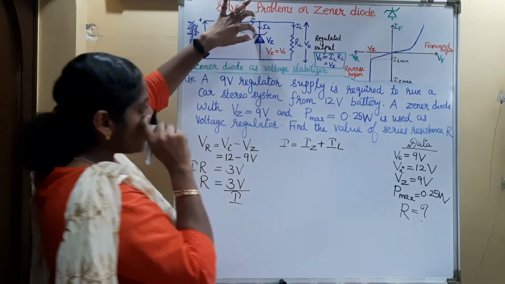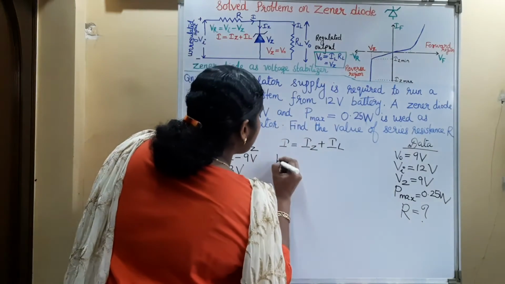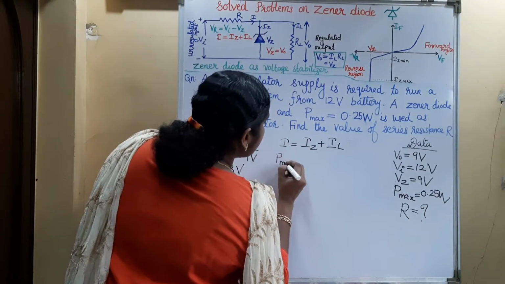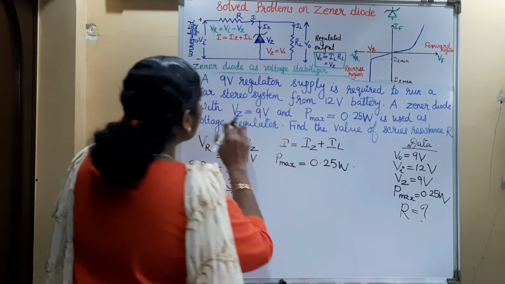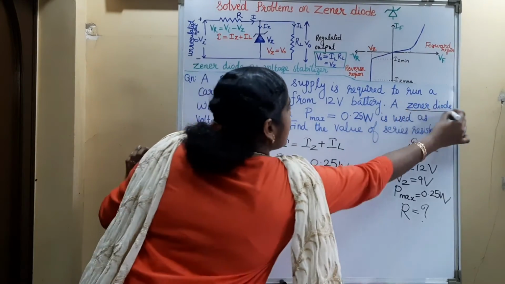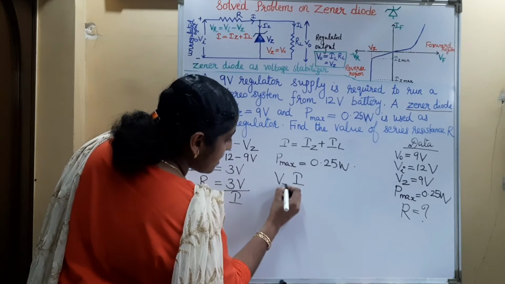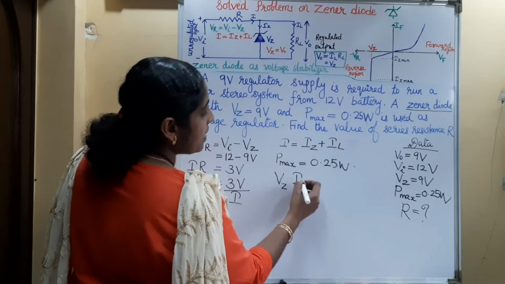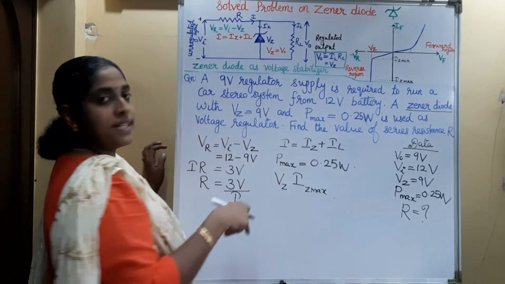In this question, the load current is not mentioned, but it is given that maximum power is equal to 0.25 watt. So the maximum power of this Zener diode means V into I, where V is the Zener voltage Vz and I is the maximum Zener current passing through the Zener diode.